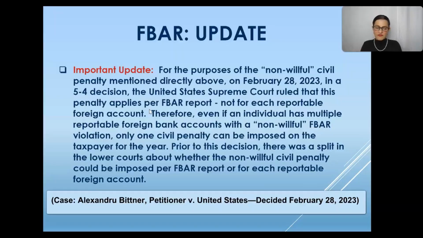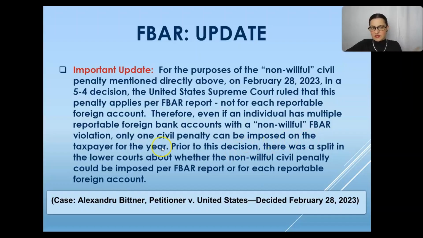So, for example, if I do have 5 foreign bank accounts, but I'm reporting all of my income, I'm not doing anything shady, and I fail to file an FBAR, then the IRS can assess a $10,000 penalty against me. But they can't assess a $10,000 penalty against every single account that I have. Okay? Which would be worse, obviously. So only one civil penalty can be imposed on the taxpayer for the year.